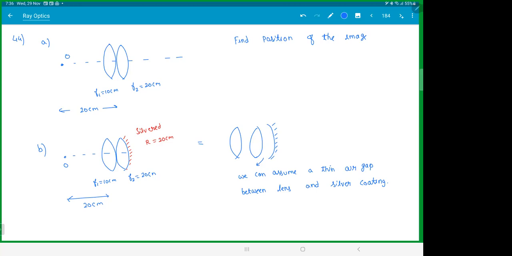Right, just substitution there. B is 20. Let me show you the first one.